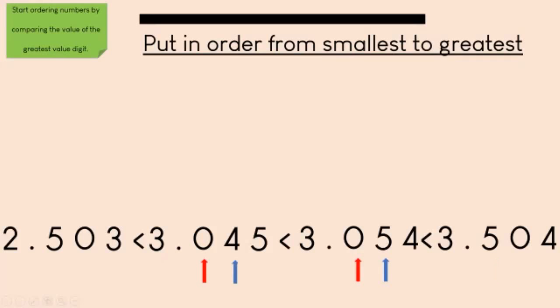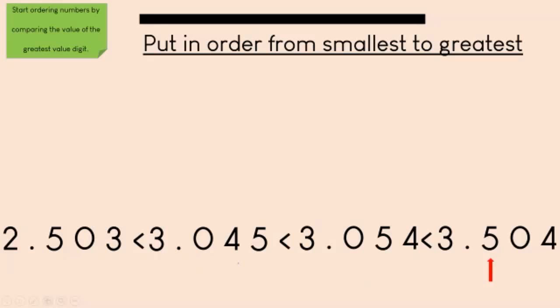Well, the truth is we then have to look between these two numbers and compare them in the hundredths column. Now this only has 4 hundredths, so it is less than this number because this one has 5 hundredths. And then finally, this had the greatest number of tenths, so it's the greatest value number here.